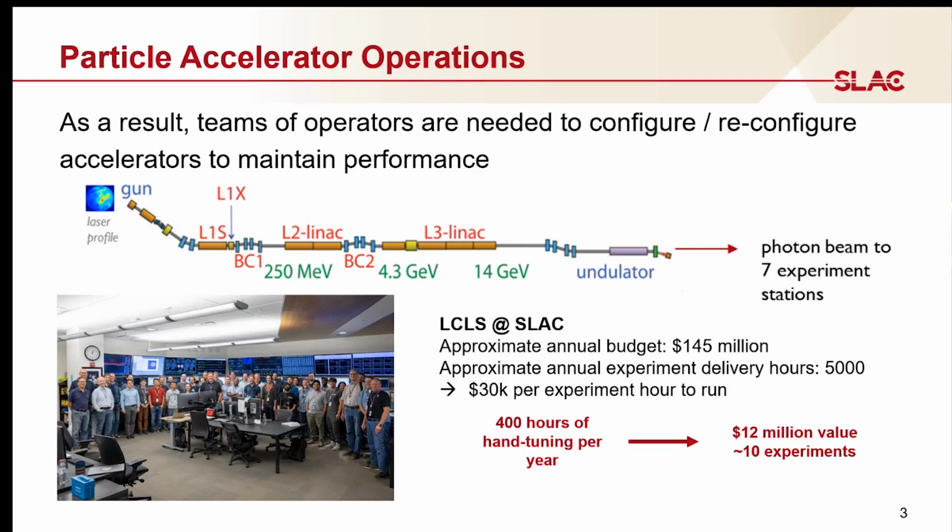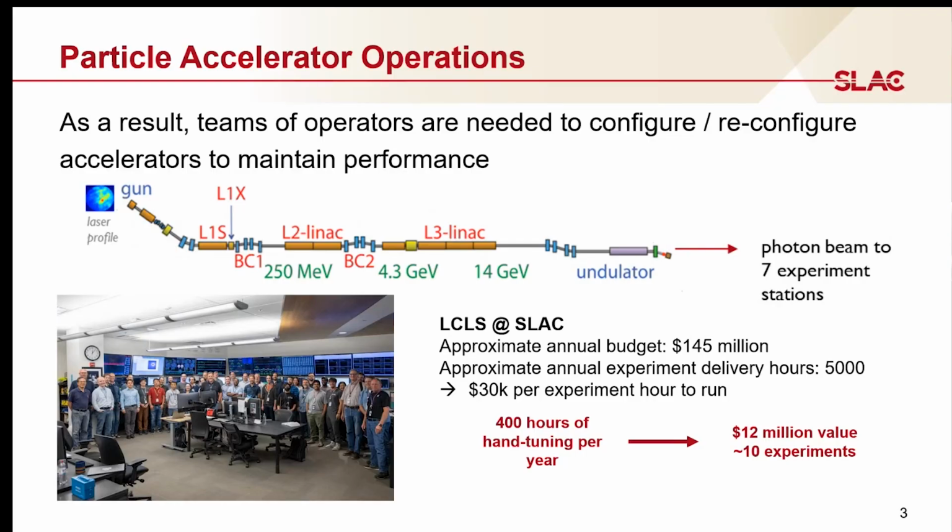However, to get this nearly 1 kilometer long machine up and running, we have to spend a significant amount of time configuring and tuning the accelerator for all of its different use cases. To give you an example, the approximate annual budget of the LCLS facility is about 145 million US dollars. Essentially, this equates to about $30,000 per experiment hour to run. And we spend about 400 hours of the overall operating machine time over the year hand tuning the accelerator.